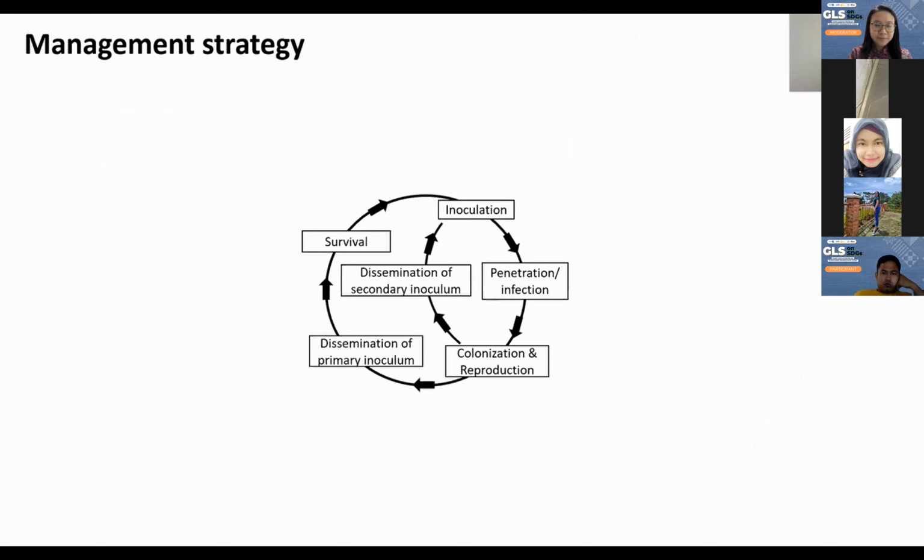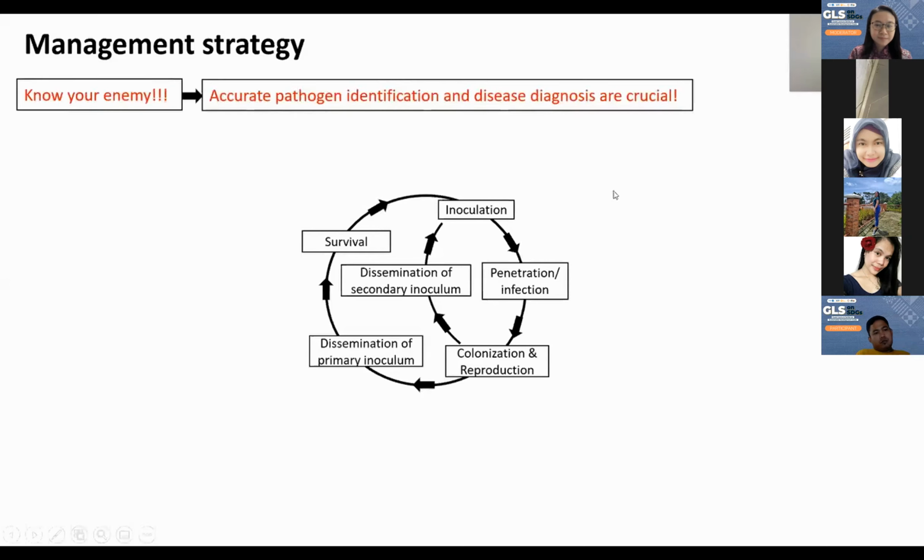But before we talk about several actions that we can take to suppress pathogens at each stage of their life cycles, first things first, and very important, we have to know what we are dealing with. We cannot win the war without knowing who our enemy is, right?